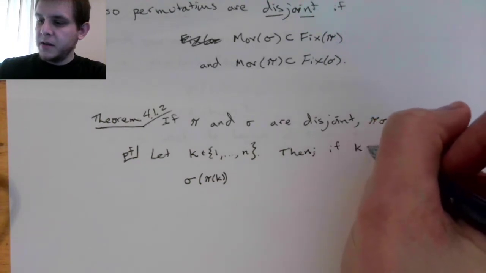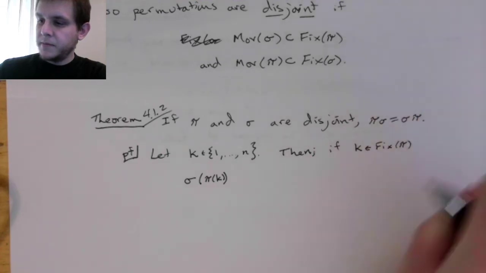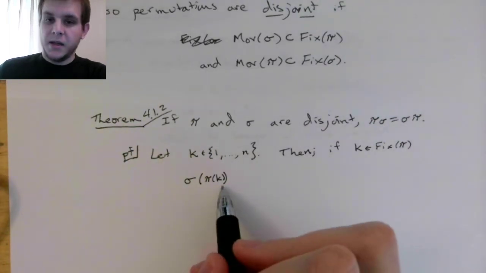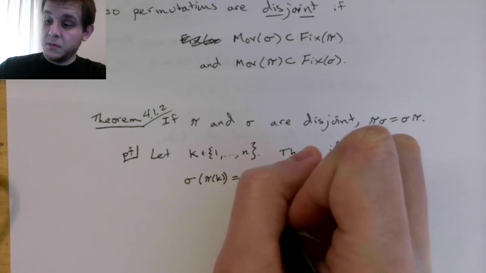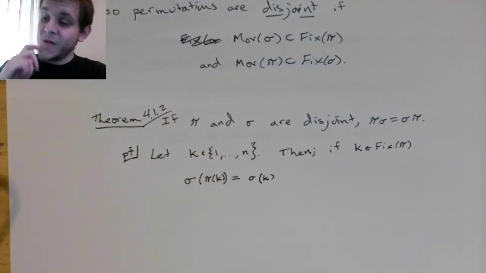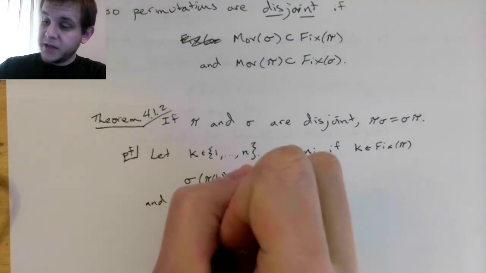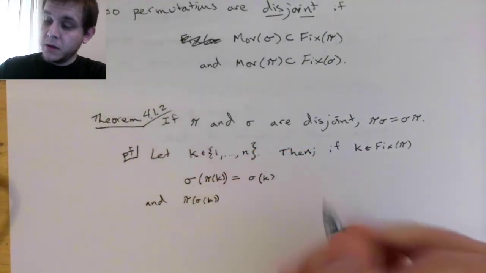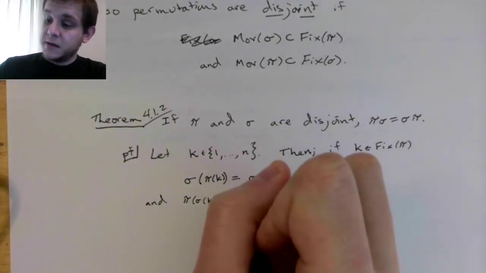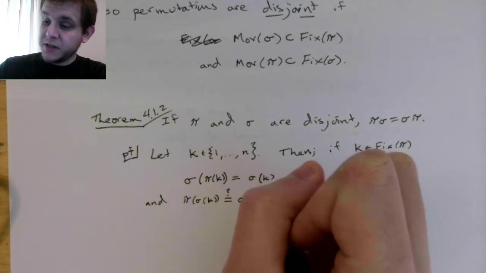If k is an element of the fixed point set of pi, then pi of k is just k again. And pi of sigma of k is what? Well, I want this to be equal to sigma of k, if it commutes. So I need to show that this thing is still equal to sigma of k.